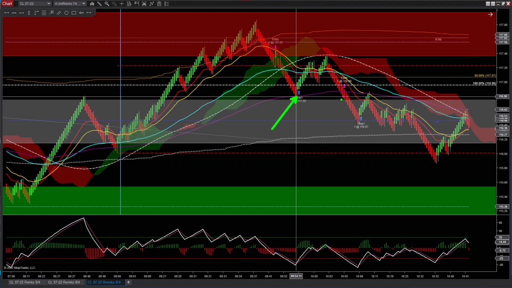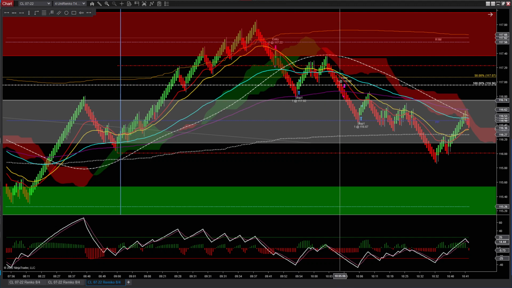And then in this area here, let's see, right there when it crossed the 30 moving average, and also when it moved below this low here, I took this break. And then my idea was that, okay, this time this one is going to move all the way down to the bottom of the chart.